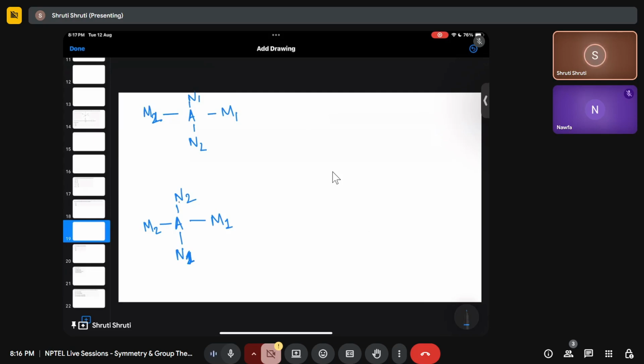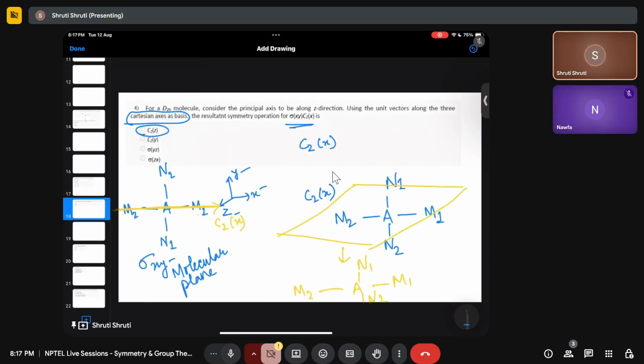And then if you do C2z, suppose anti-clockwise rotation, then it will be m2, m1, n2, n1. But this is not the same as what we want. This is different. So C2z is not the correct answer.